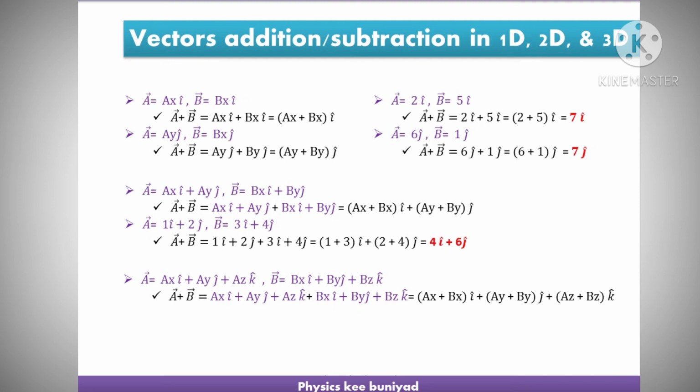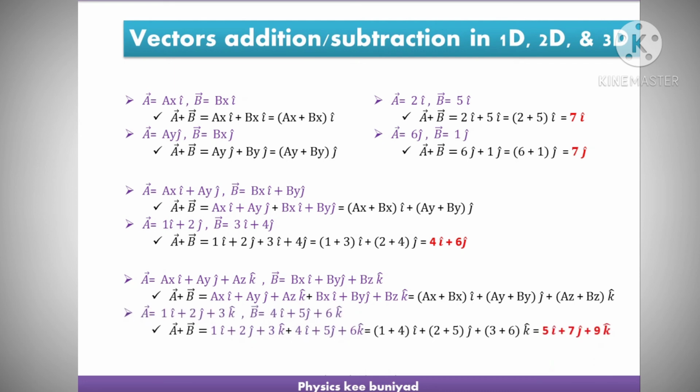Now take an example to understand it more clearly. Suppose vector a equal to 1 i cap plus 2 j cap plus 3 k cap, and vector b equal to 4 i cap plus 5 j cap plus 6 k cap. Then if we add these two vectors, we will add the similar terms.